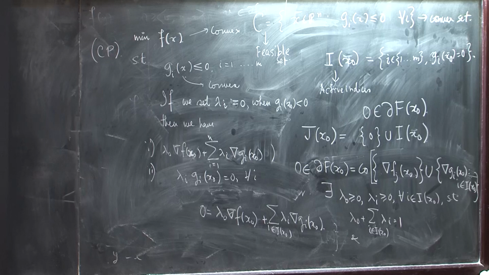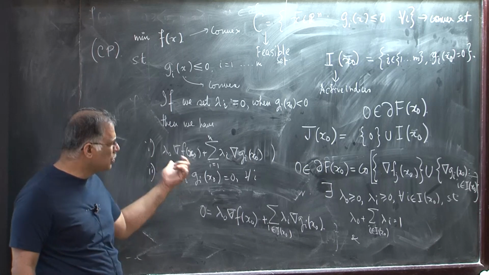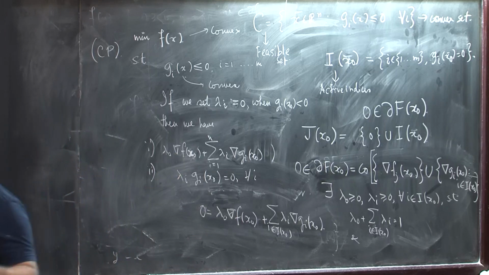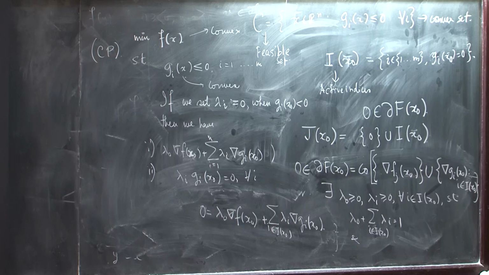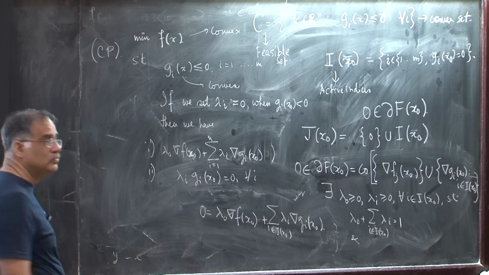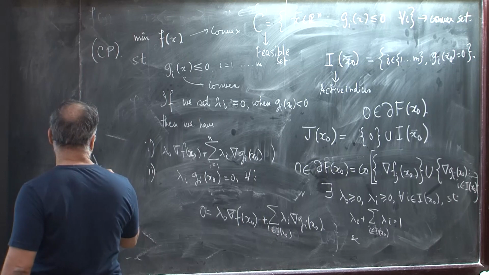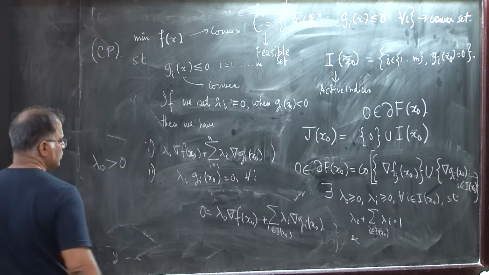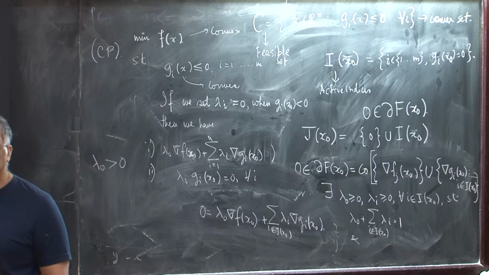Now, you observe that here there is a little problem: lambda naught could be equal to 0 and then grad f(x naught) would not take part in the optimization process. So, how can we make lambda naught strictly bigger than 0? That is the question.